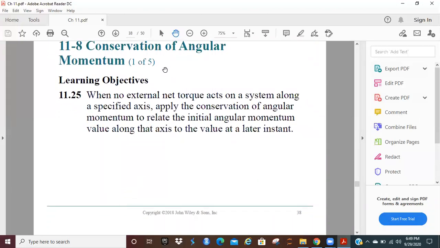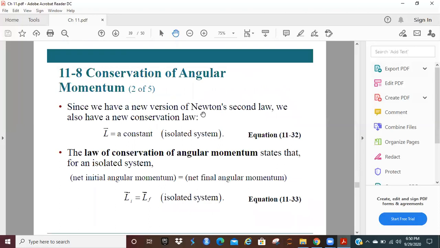Conservation of angular momentum. When no external net torque acts on a system along a specified axis, apply the conservation of angular momentum to relate the initial angular momentum value along that axis to the value at a later instant. What that essentially means is that the angular momentum you start out with is going to be the same as what you end with.